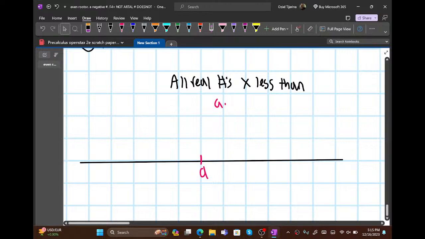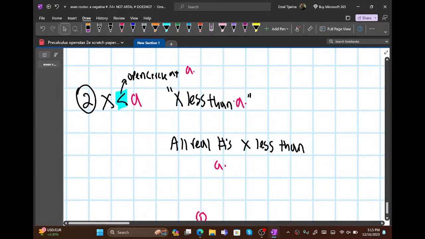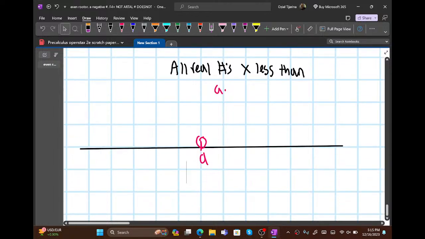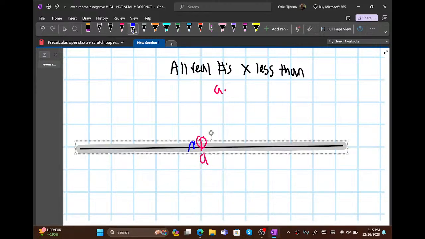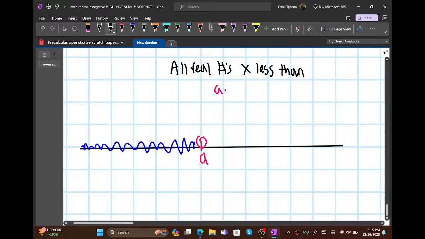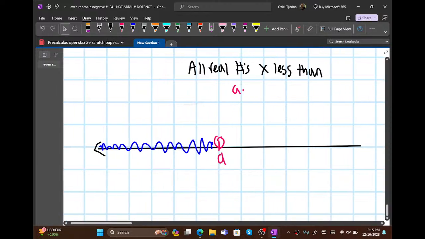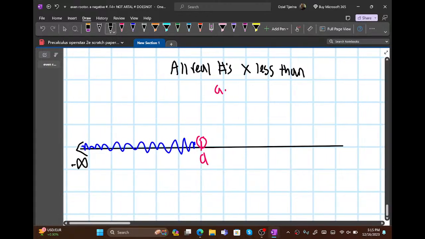And so then we would put the open circle here, and we want to do all the numbers that are less than A. So it's going to be shaded to the left of the number line. And instead of positive infinity, it's going to be negative infinity right here, because we're doing all the numbers, including the negative numbers, that are less than A.